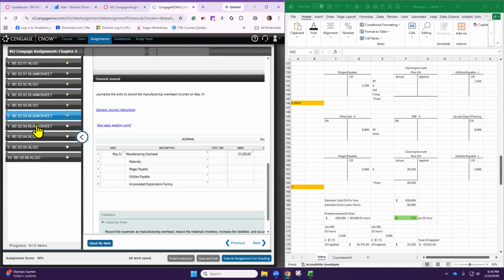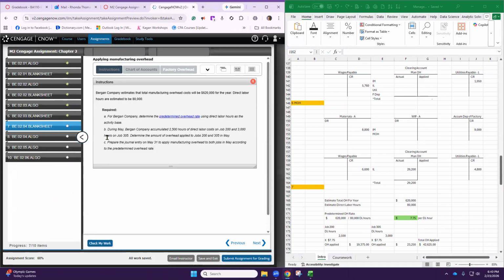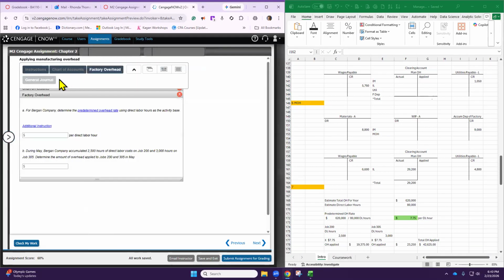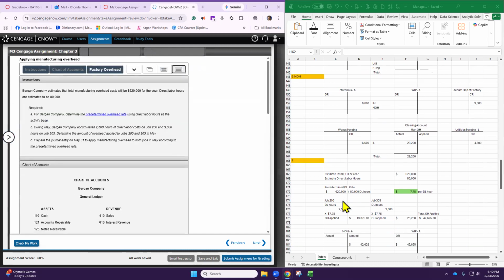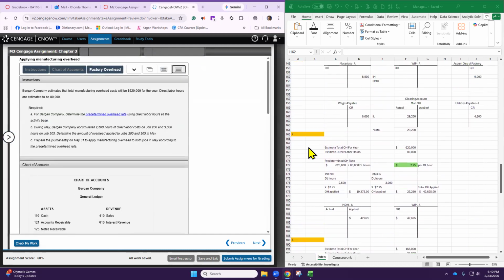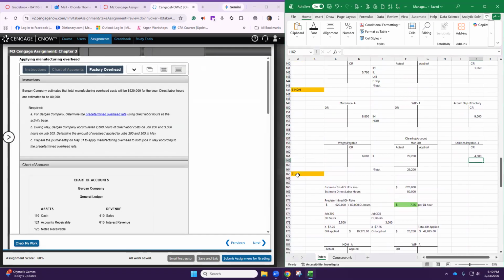Okay, so then for 4, all right, this is applying manufacturing overhead. Here is number 7. Okay, so we've got to find out what the estimate is in total.